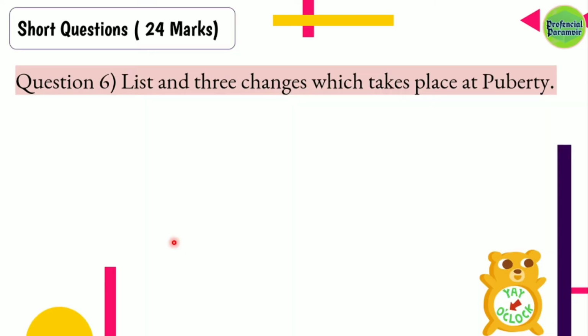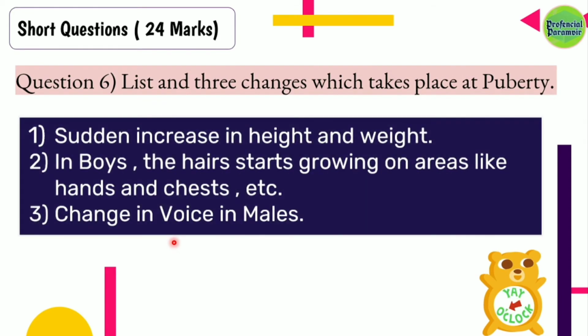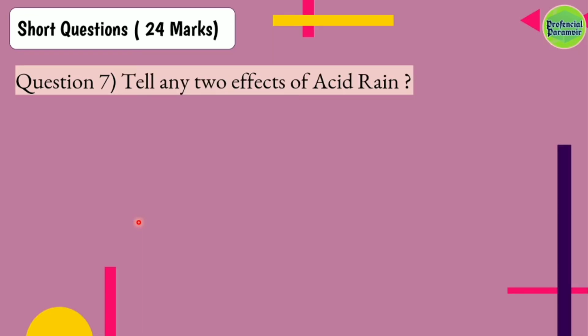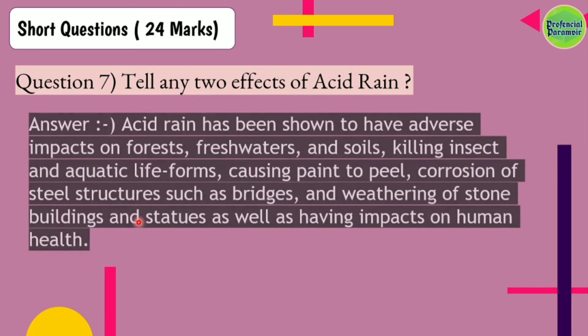And 6th question. List the changes taking place at puberty. Well, 3 changes taking place at puberty are: sudden increase in height and weight. In boys, the hairs start growing on areas like hands and chest, etc. Change in voice in males. Question number 7. Tell any 2 effects of acid rain.